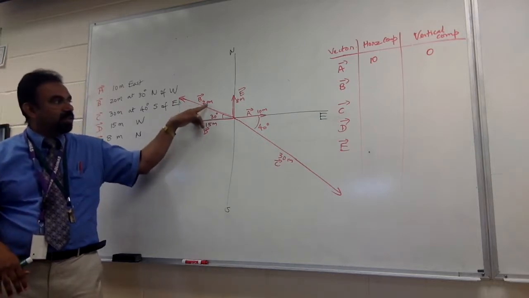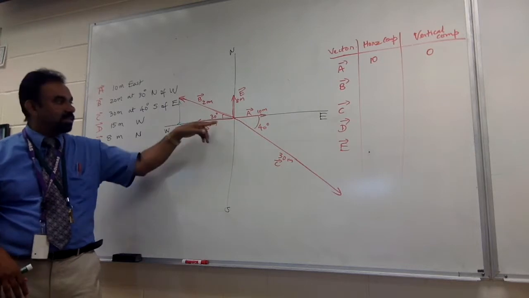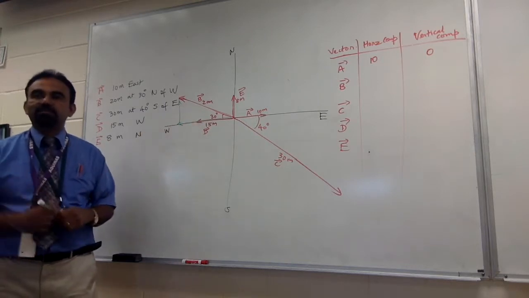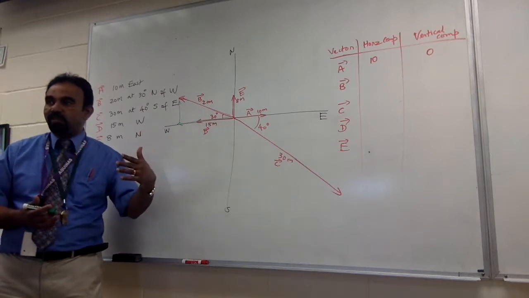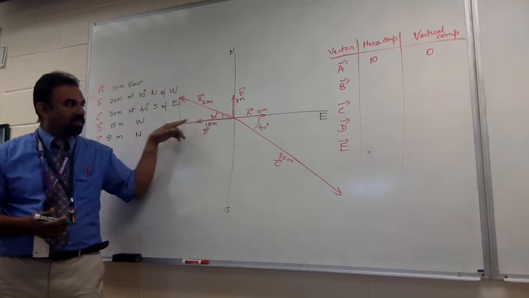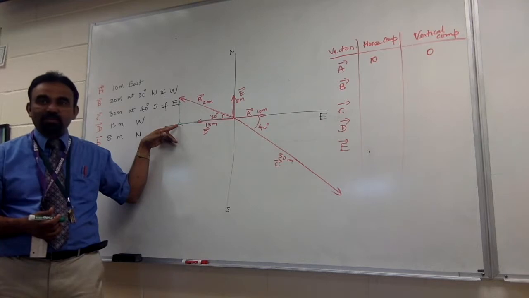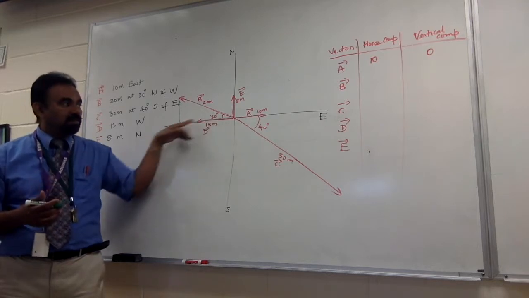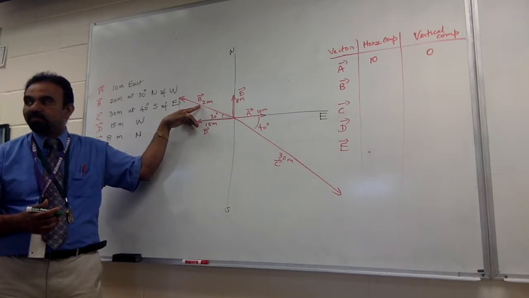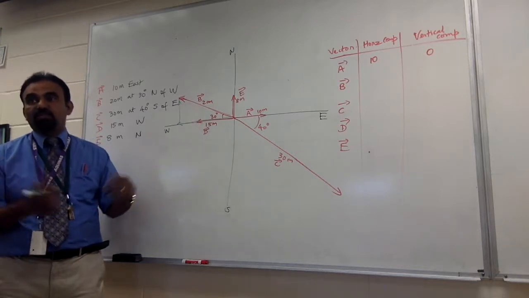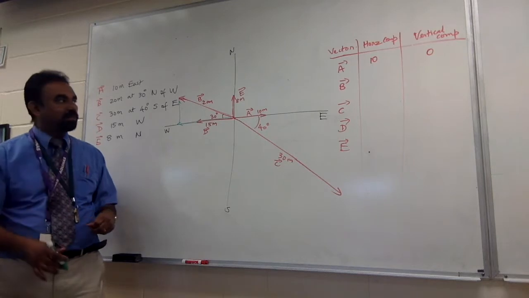So what is 20 cosine 30? You know why I'm using cosine here? Because I need this component, which is my horizontal component. And the horizontal component is the adjacent component of this vector. You see it? And if you're looking for the adjacent component, it is the cosine component.